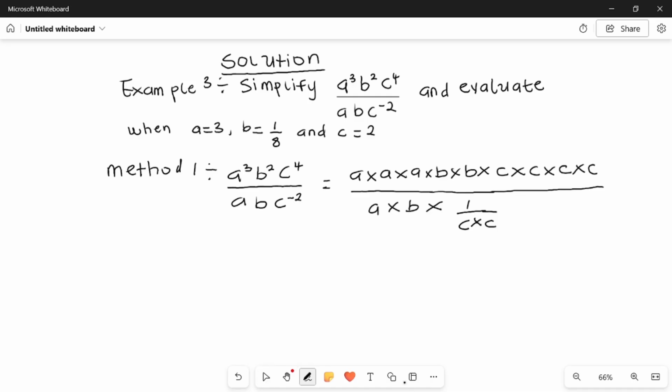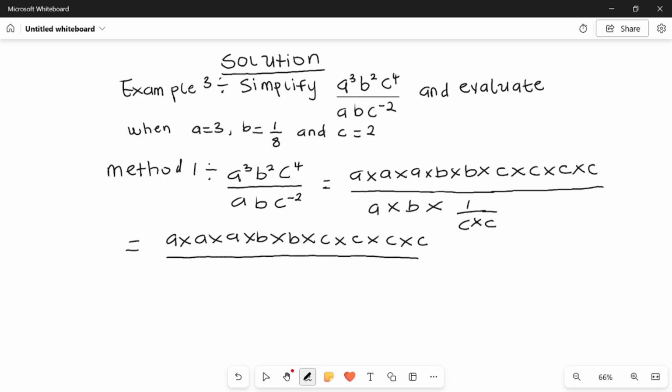So it will now become equal to a times a times a times b times b times c times c times c times c, all over a times 1, that's a, b times 1, that's b, all over c times c, that's c times c, right?